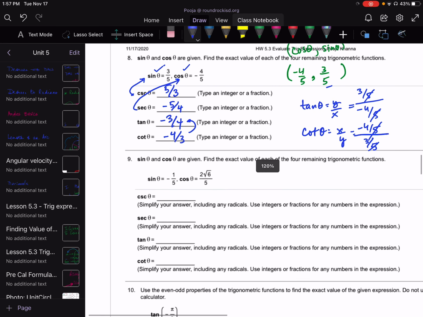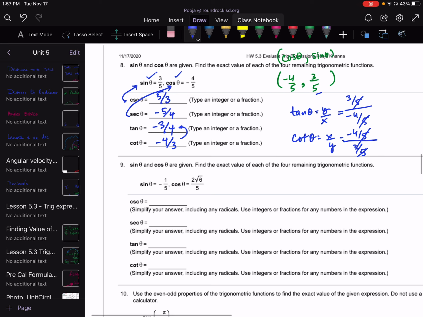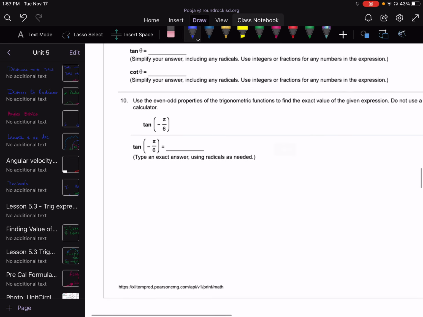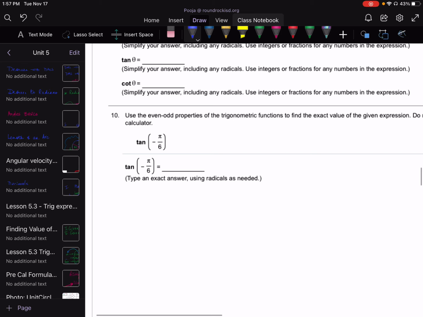And 8 and 9 are the exact same questions, just different values of sine and cosine. And this, I believe, I also did in class. Lesson 5.3, I did the same example. And this one's asking me to find the negative tangent of negative pi over 6.